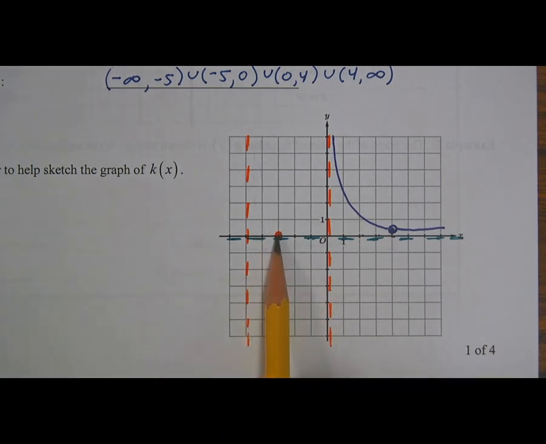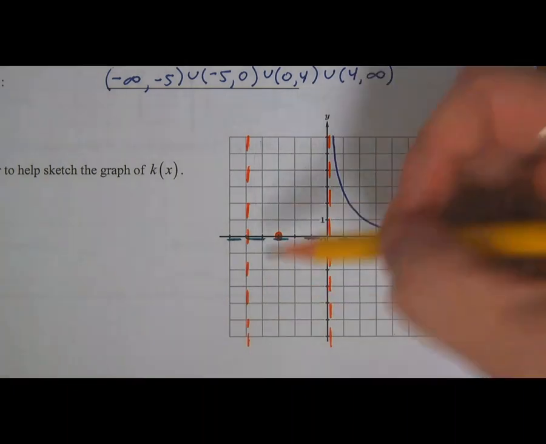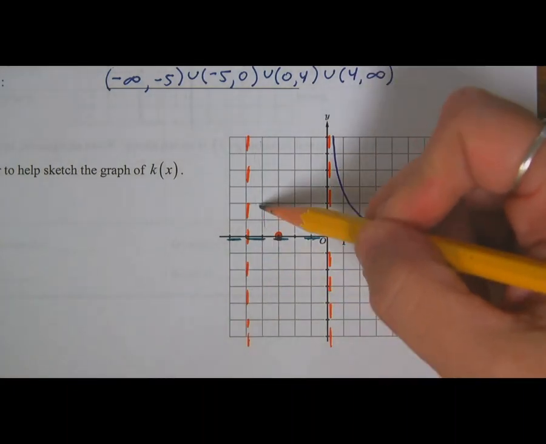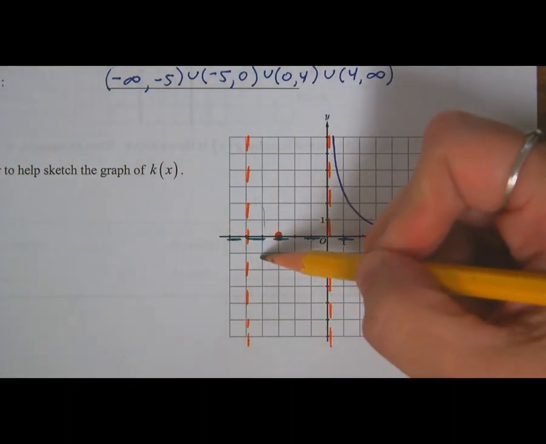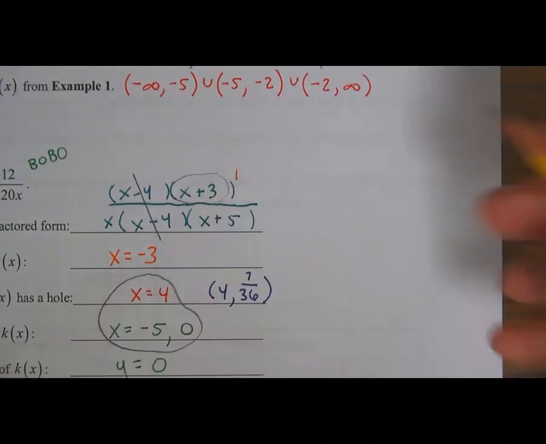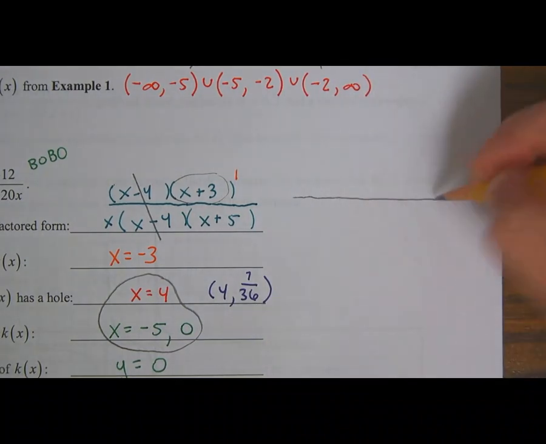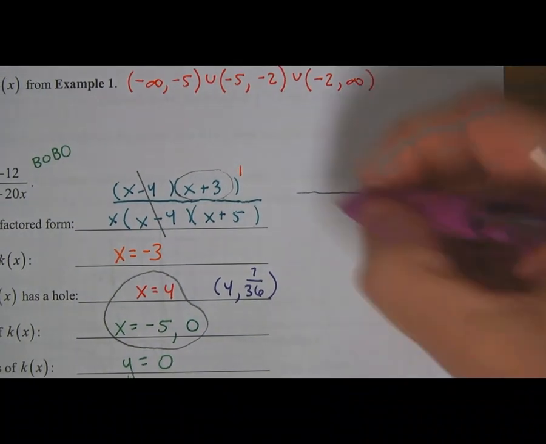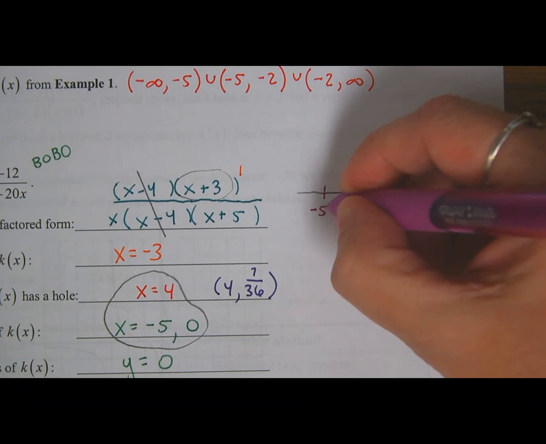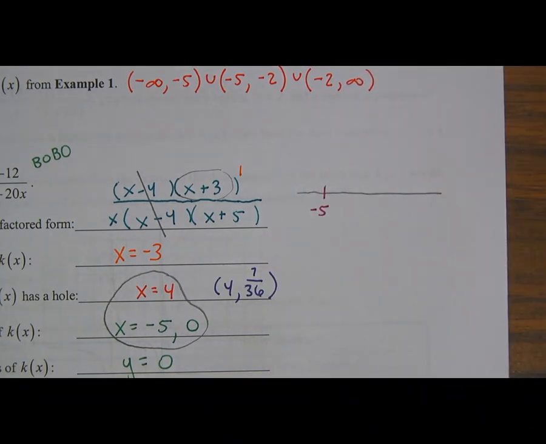So let's plug in -4, and then the y value will tell me, do I put the point up here? Do I put the point down here? So let's plug in -4. I'm going to go right back up here, and I'm kind of going to be making a sign chart. I want to figure out what's going on to the left of that vertical asymptote.